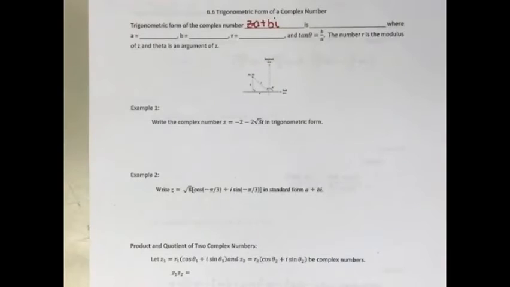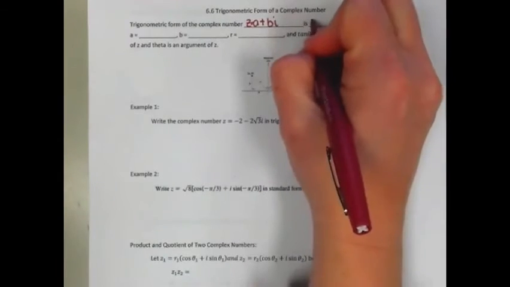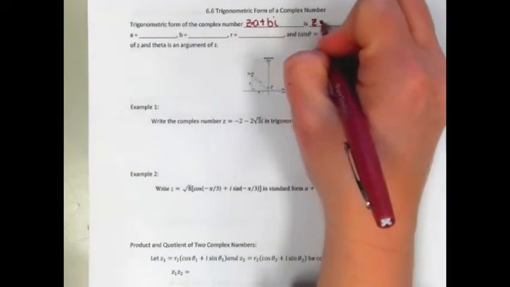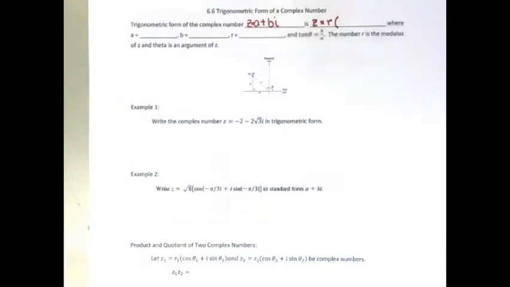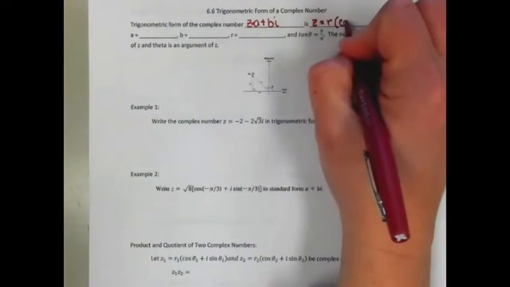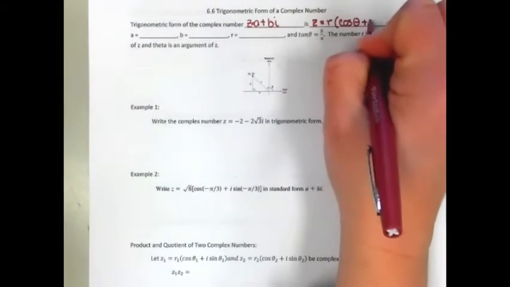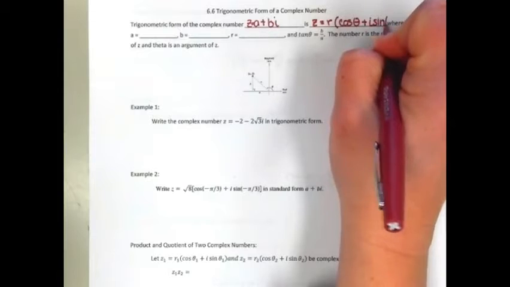Okay, so the trig form of a complex number, where my complex number is z equals a plus bi, is z equals r times the quantity of cosine theta plus i sine theta.